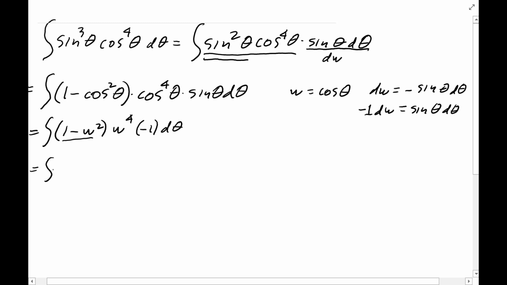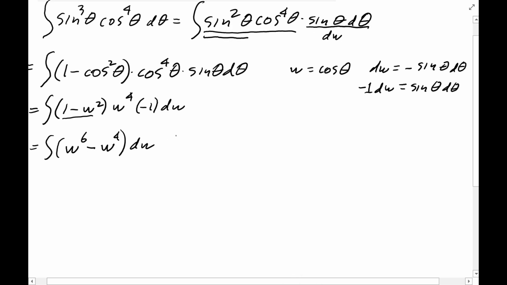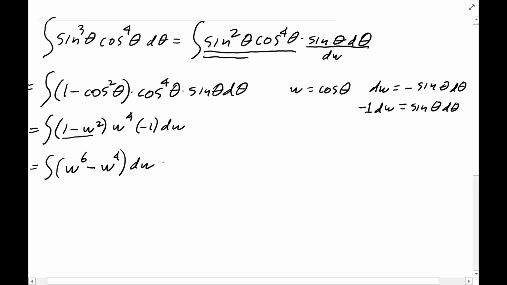you're going to get w to the sixth minus w to the fourth dw. Whoops, this is a dw, not d theta. Did everybody follow how I did that? Okay, then getting the antiderivative is pretty easy.